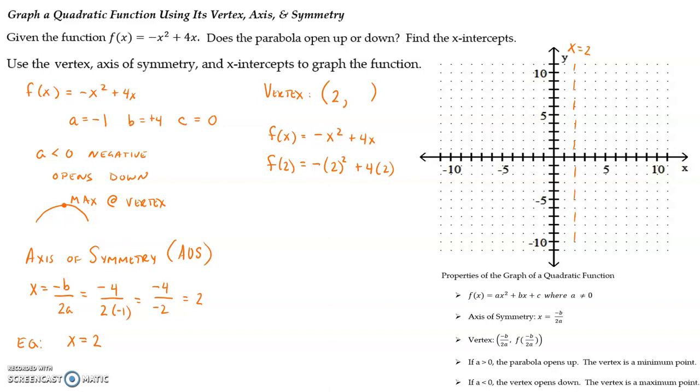Now be careful here on that first term, it's only the 2 that is being squared. Think of it as you're going to be multiplying that by a negative 1 once you're done. So this is going to be a negative 1 times 4. Alright, we're only squaring the 2. And then we have 4 times 2 here is going to give us 8. So we've got negative 4 plus 8, which is going to give us a positive 4. So our vertex is going to be the point 2, 4. So let's go ahead and plot that.